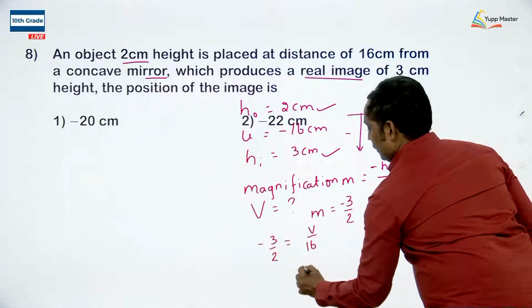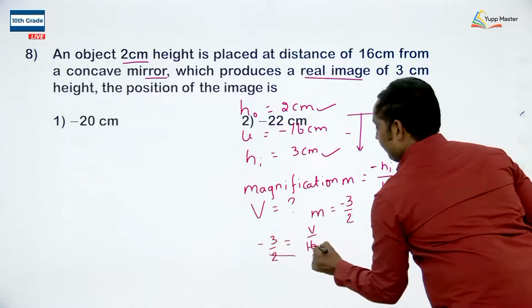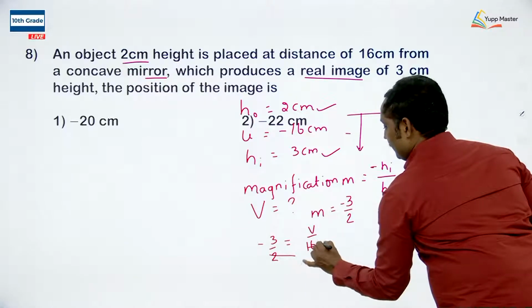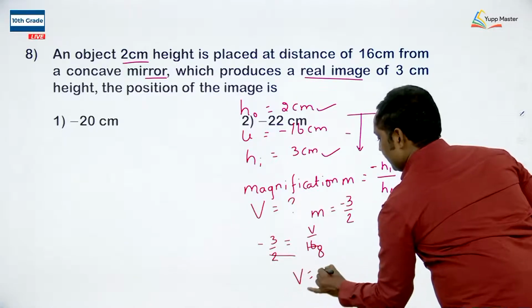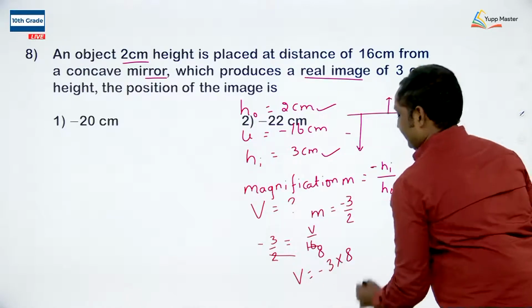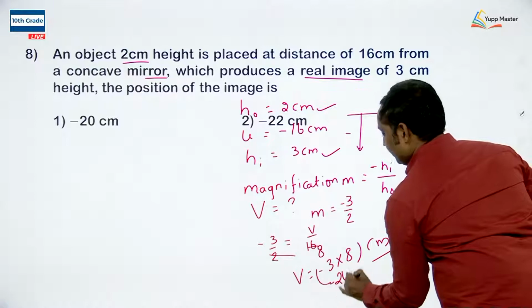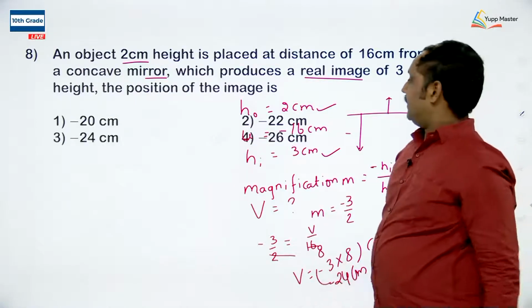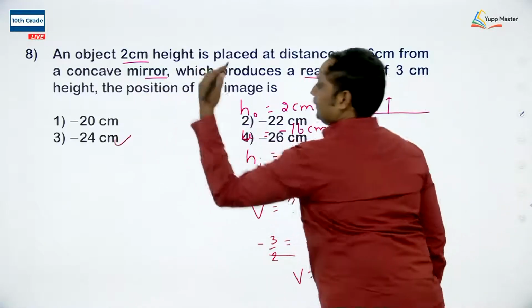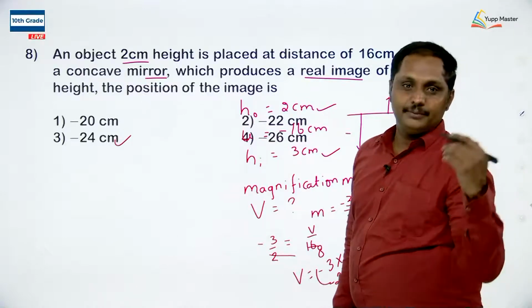So, you can easily find that v is minus 24 centimeter. Please check the options, this is the correct answer. Have a look at that.